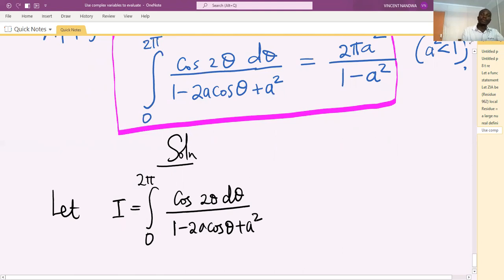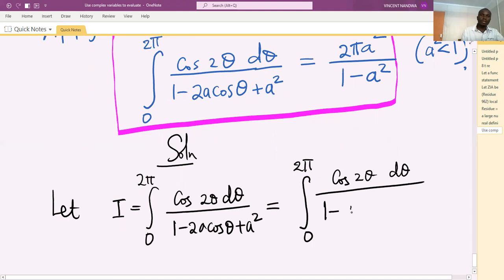And you see, we can write this as the integral from 0 to 2 pi of cos 2 theta d theta over 1 minus 2a times cos theta, which is the same as e raised power i theta plus e raised power minus i theta divided by 2, and then plus a squared.